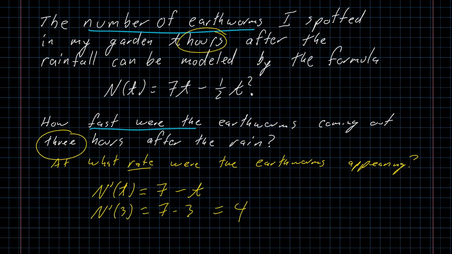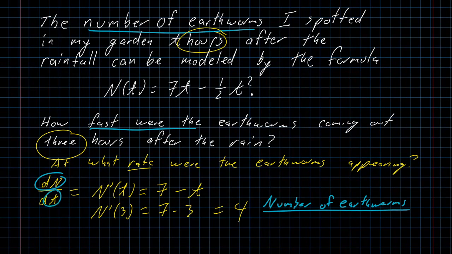Well, thinking about units, go back to the other notation for the derivative. Instead of calling this n prime of t, call it dn/dt. That helps us remember, we have here n is the number of earthworms, and t is hours.